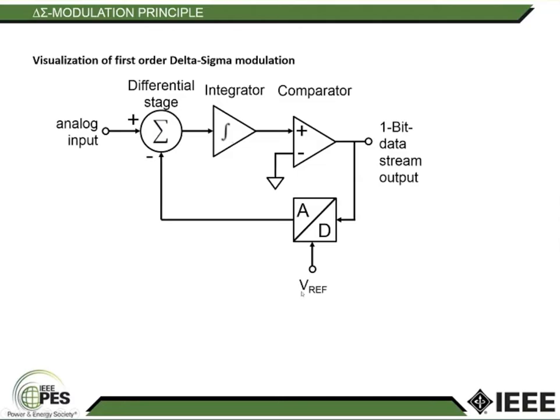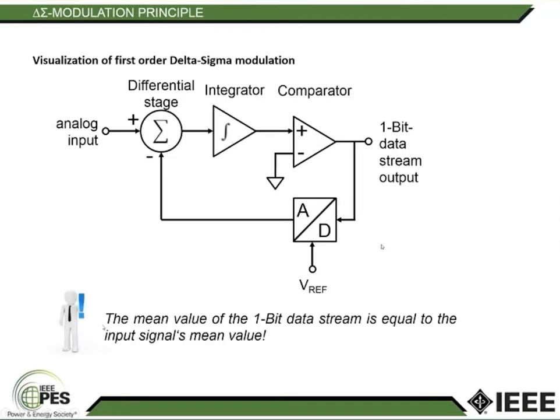Now, what is important, you would always choose your reference voltage according to the maximum or minimum of the actual measurement range that you're looking at. So for instance, if you look at a measurement range of 500 amps plus minus, you would put your reference voltage accordingly. So it fits obviously to the input voltage and your gain amp that you use.